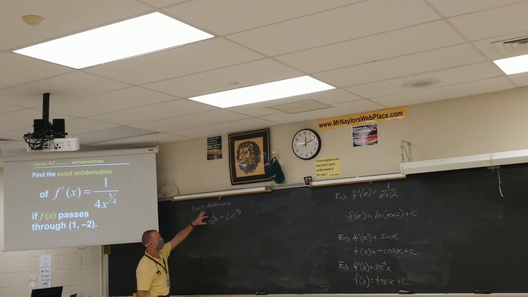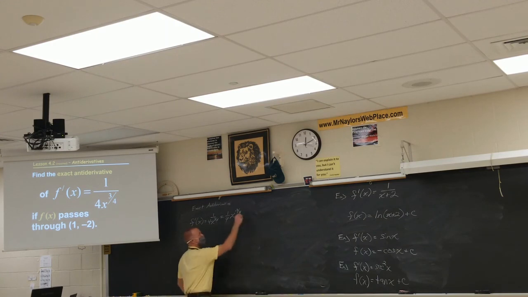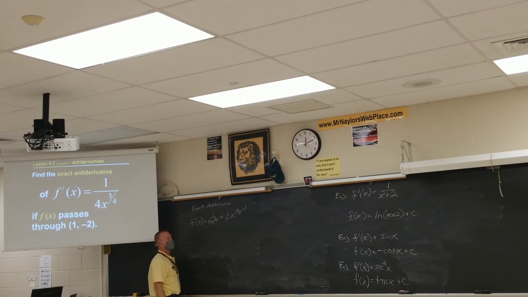Now see what I did with the 1/4? I literally pulled it out as a 1/4. But now I can add to this exponent. Please think of it as a negative exponent before you do the reverse power rule.